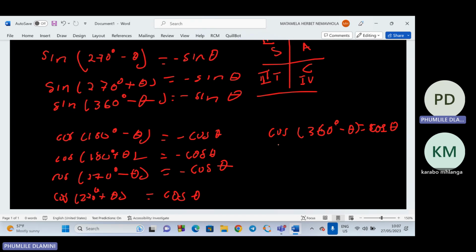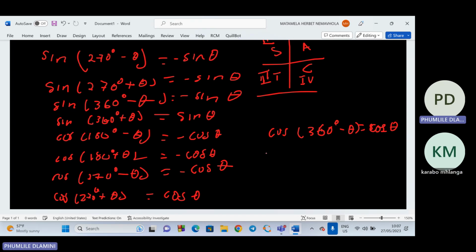And we also have another one which I didn't mention. Here I'm going to add, if we have sine of 360 degrees plus theta, it is in the first quadrant. I have shown you that before. Everything in the first quadrant is positive, which means here the answer is sine theta.